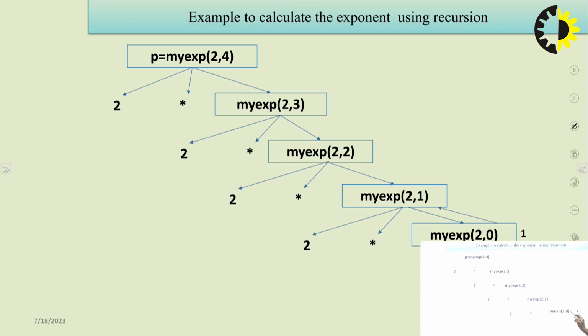At this point we get 1. Now 2 into 1 is 2, 2 into 2 is 4, 2 into 4 is 8, and 2 into 8 is 16, the final answer. So we find the final answer at the first call. This point is to be noted.